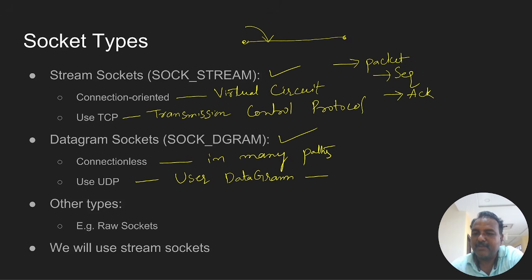Also, after receiving the packets, the receiver end will not send any acknowledgement to the sender. And one advantage we have with the user datagram protocol is that it is fast when compared to the TCP protocol or socket streaming protocol. That's the only advantage we have when I compare the user datagram protocol with the TCP protocol.